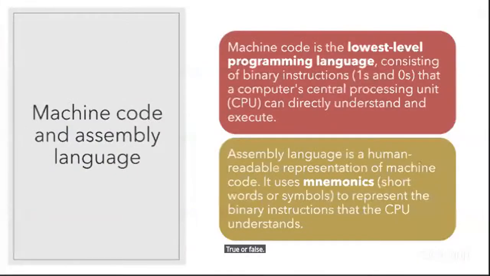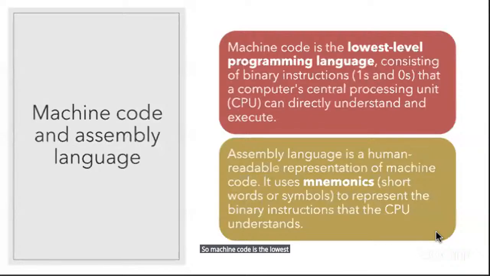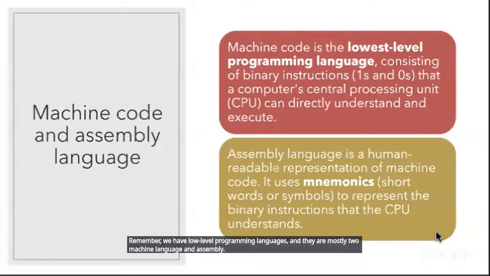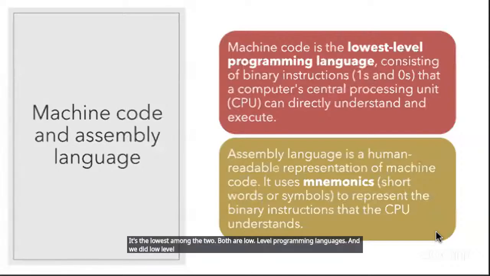The next is machine code and assembly language. Nothing more to say here because we've been talking about machine code. Machine code is the lowest level programming language. Remember, we have low-level programming languages, and they are mostly two, machine language and assembly. Among the two, machine code is the lowest. Both are low-level programming languages, and we did low-level programming languages in our first lecture.